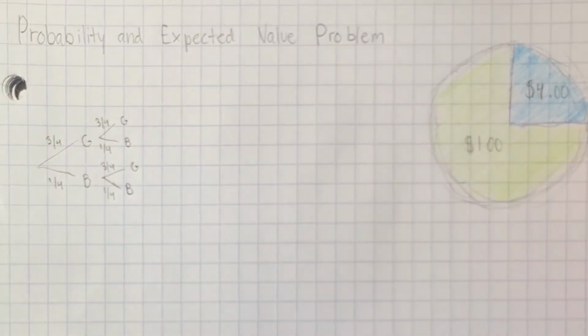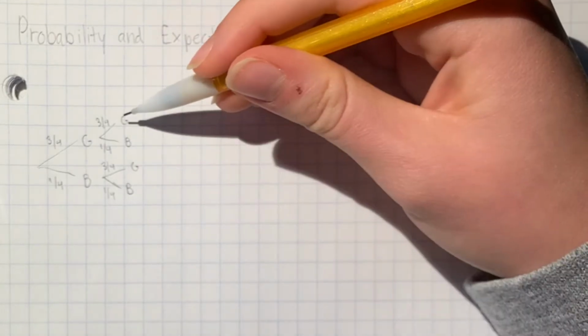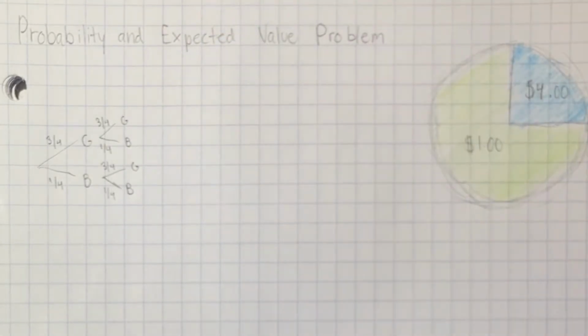And this probability doesn't change because when you spin the spinner, it's not like you're taking anything out of a bag. It's not like you're altering the probability in any sort of way. It's always constant.